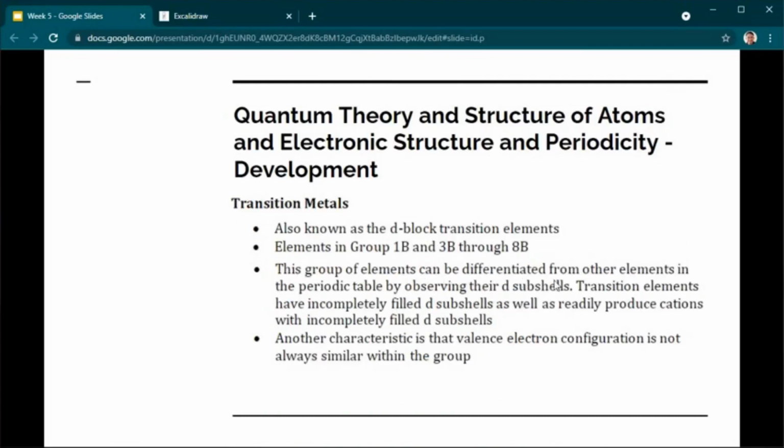This group of elements can be differentiated from other elements in the periodic table by observing their d subshells. Transition elements have incompletely filled d subshells and readily produce cations with incompletely filled d subshells. Another characteristic is that the valence electron configuration is not always similar within the group.